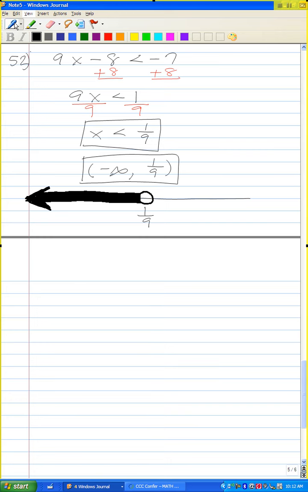Let me do problem number 76. In exercises 65 through 78, solve the inequality and graph the solution. 2x plus 9 minus (3x plus 7) greater than or equal to 5x minus 10.